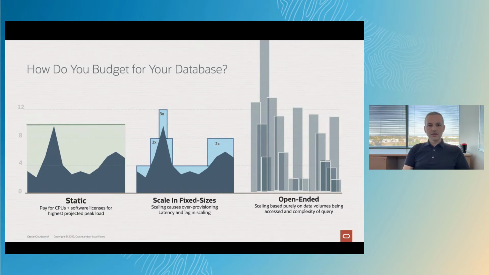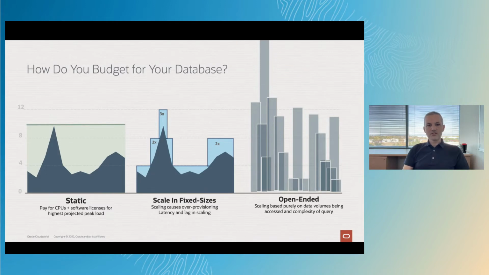Another one used in the industry by some cloud vendors is to scale in fixed sizes. So you provision a database resource, a server with some number of CPUs on it, and the system is able to look at it, and if the workload requires more CPUs, it can add 2 times, 3 times more CPUs or more nodes to it.